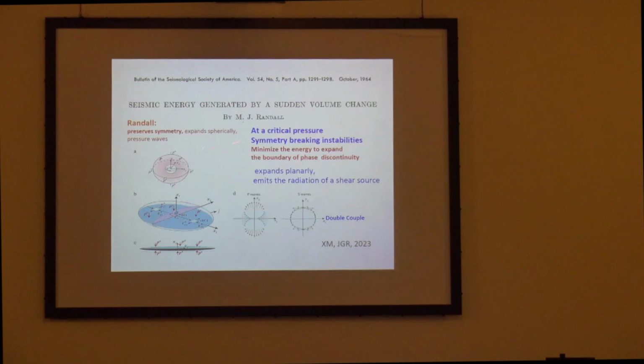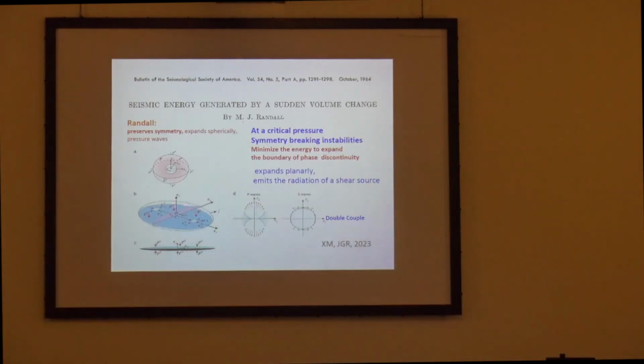At a critical pressure, rather than the solution under full material symmetry and loading symmetry in an isotropic material, there is another solution in which the area of reduced volume of the phase change will expand planarly, because it will spend less energy to expand a disk rather than a sphere.